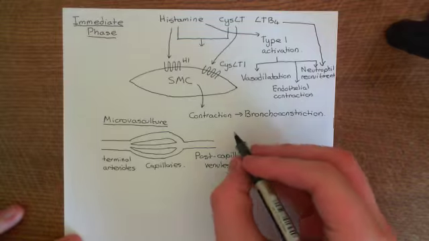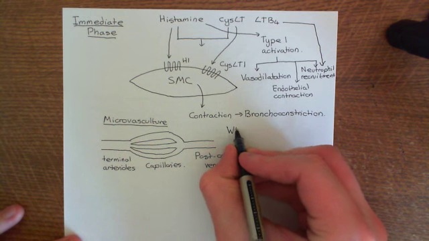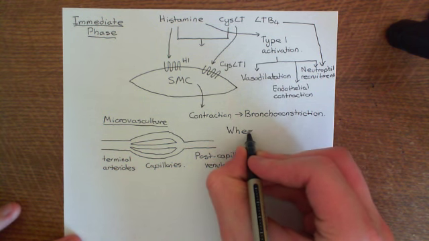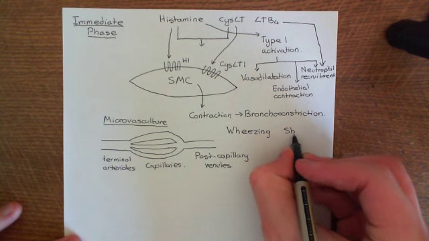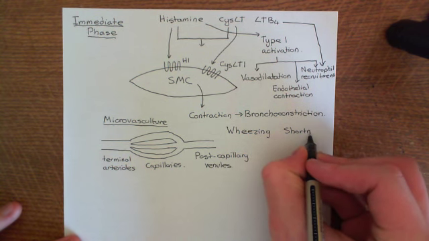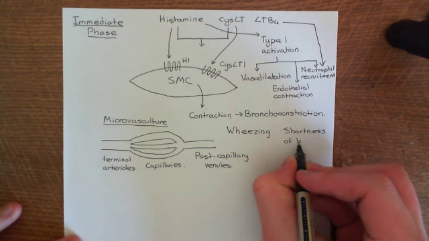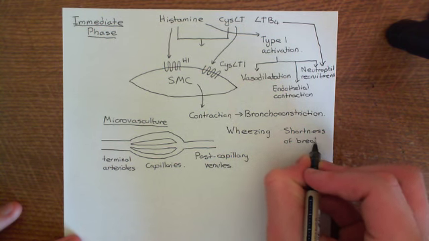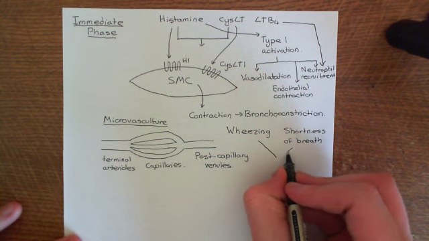So when you breathe, it will now sound very strange because you're forcing air through very narrow tubes. So wheezing will start. And you'll also have shortness of breath because you're not getting enough air into your lungs to provide adequate gas exchange.